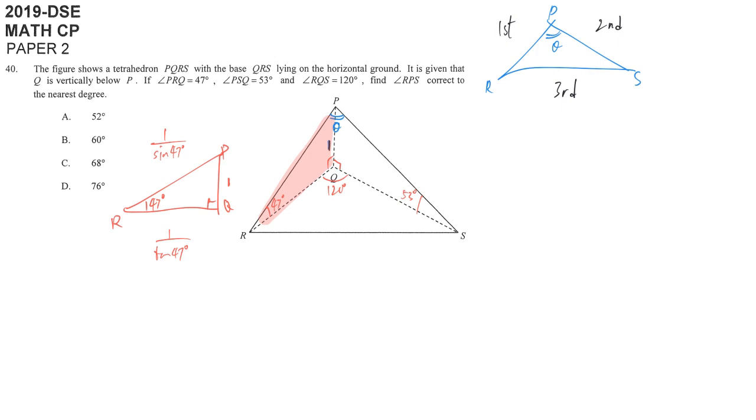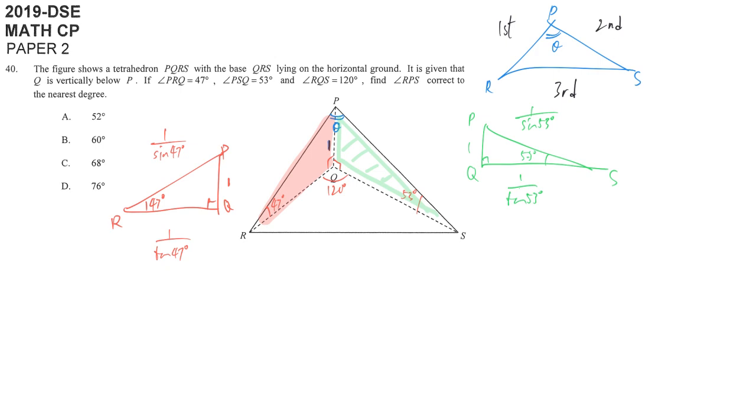Similar reason, we are going to consider this plane. So in this plane we have P, Q, S, 53 degrees, and 1. So PS is 1 divided by sine 53 degrees, while QS is 1 divided by tangent 53 degrees.